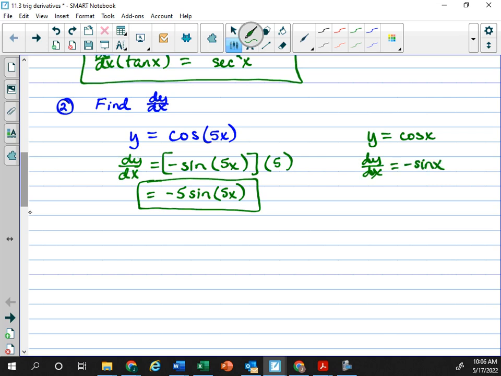So the only difference now is that instead of it being just an x in here, it was 5x, so you have that added piece of the derivative of the inside. You have to use the trig derivative on the outside. That's turning it into the negative sine part. Leave the inside alone, the 5x, and then take it times the derivative of that inside piece.